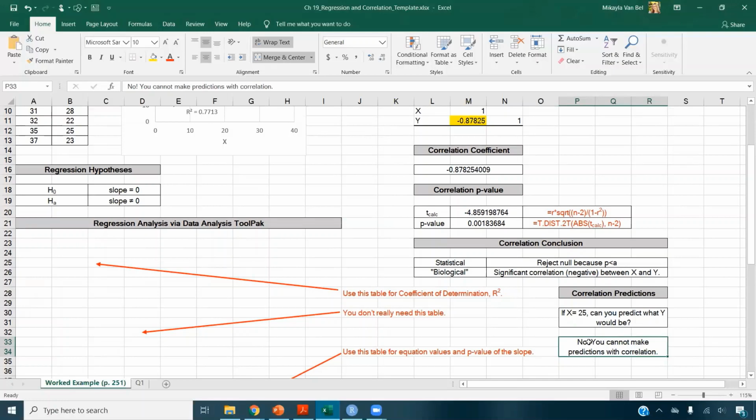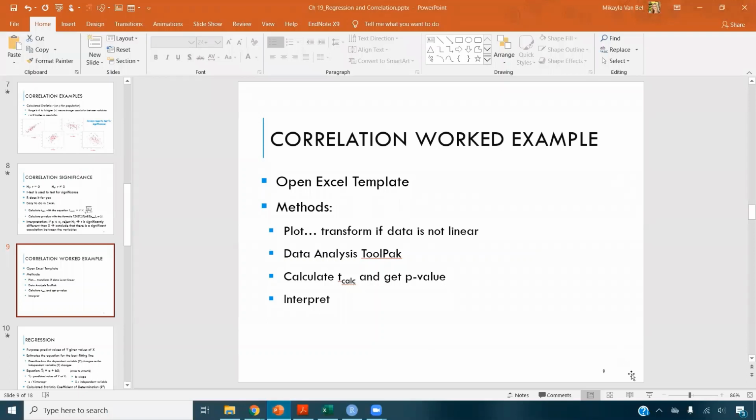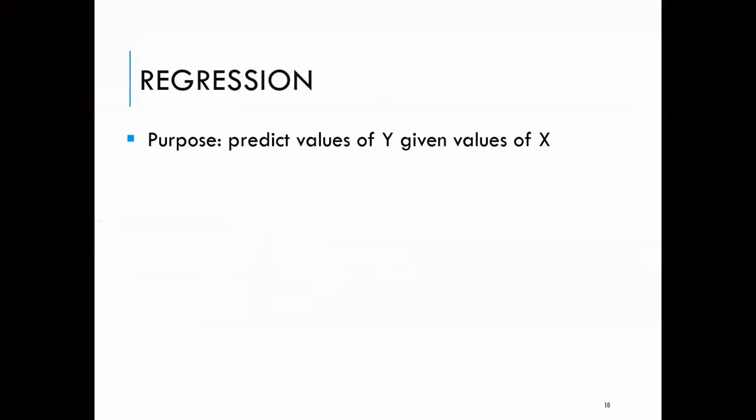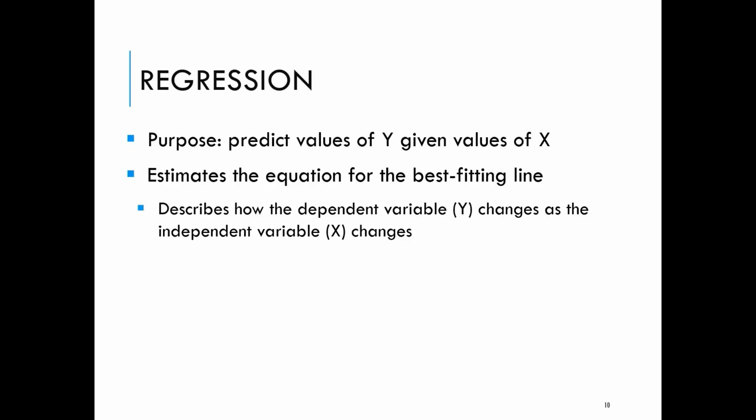So I'm going to go ahead and pull up the PowerPoint again so we can talk about our regression. As I mentioned at the beginning of the lecture, one of the purposes of regression is to be able to predict values of y given values of x. Regression analysis estimates the equation for the best fitting line for the data.